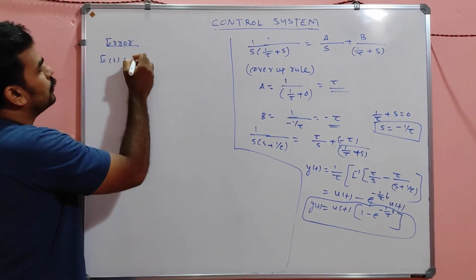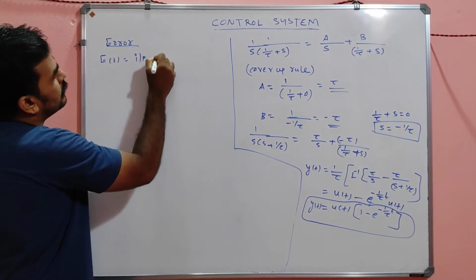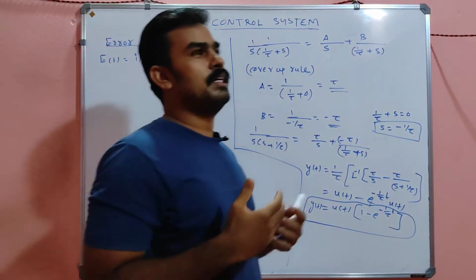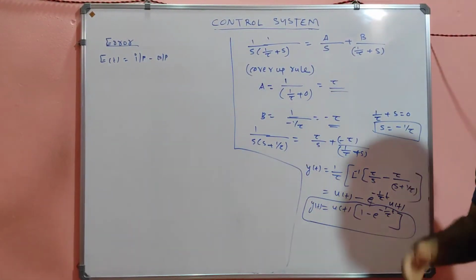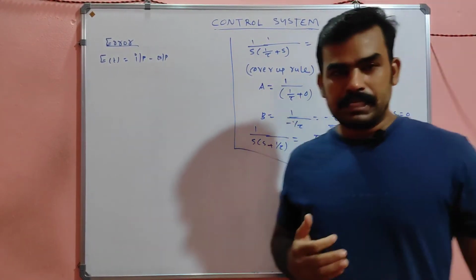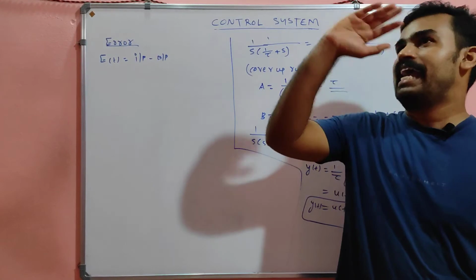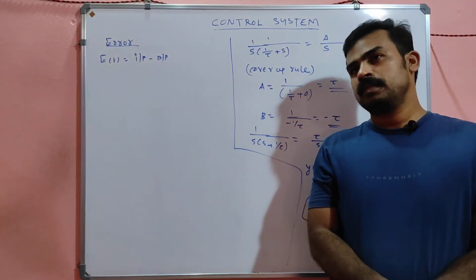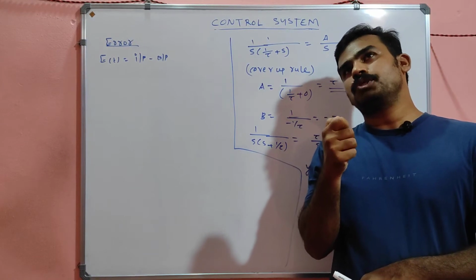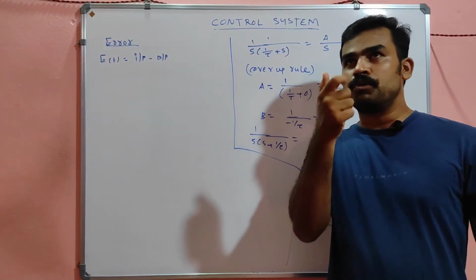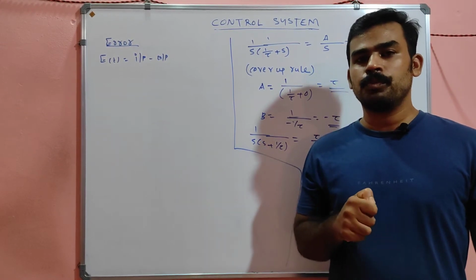e of t will be equal to input minus output. Sir, what are you saying? In terms of error, error is equal to input minus output. Yes, it is true. In control systems, suppose our AC is at 21 degrees Celsius now. So you increase it to 25 on your remote. So you give the input as 25 now.